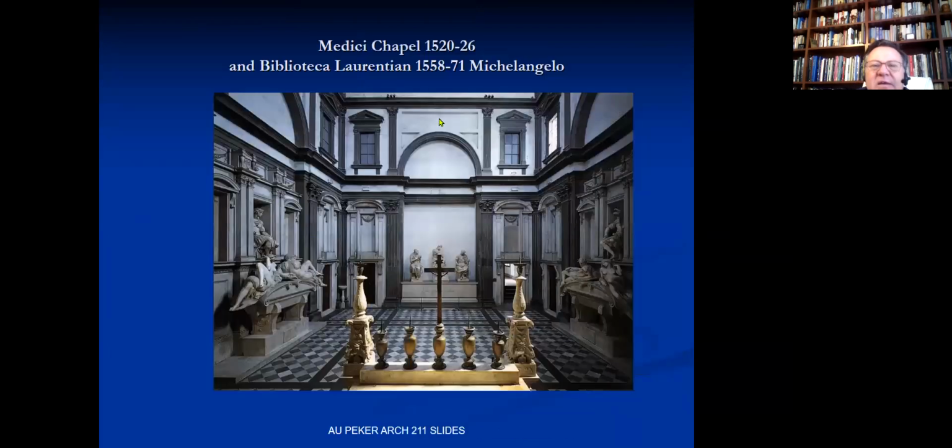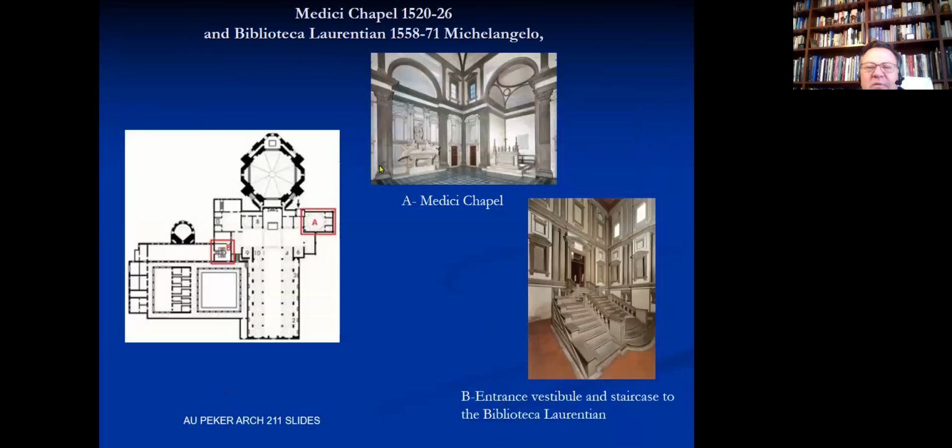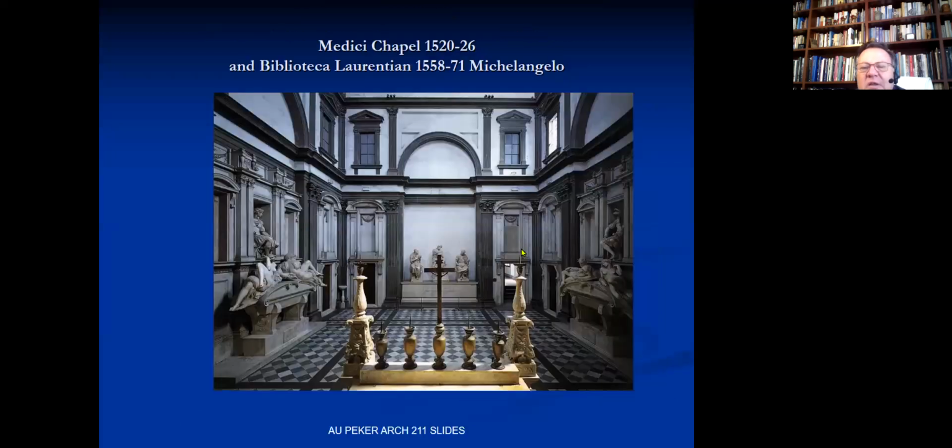In the chapel, here it is the chapel, Michelangelo employed his great art of sculpture, his bodies, you see. By the way, Michelangelo's art of sculpture influenced his understanding of architecture, and vice versa. His understanding of architecture influenced his sculpture.